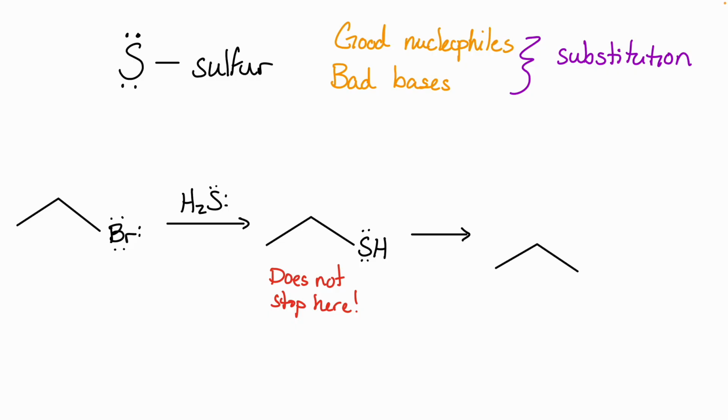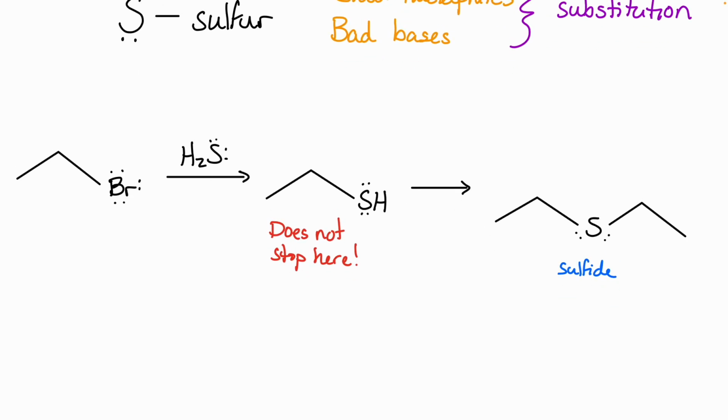We would instead have them reacting with more of those alkyl halides, creating a sulfide product. So this reaction will indeed create a thiol, but it doesn't stop here because that thiol is also a good nucleophile and will react with that alkyl halide.